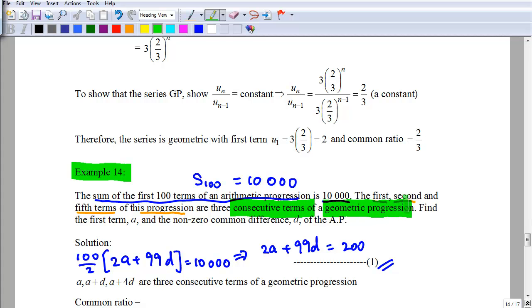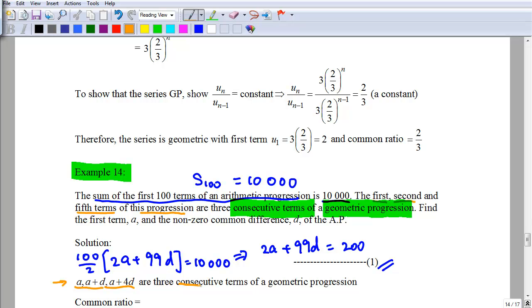Now that is something quite a mouthful, right? So we will ask the question, what is the first, second, and fifth term of an arithmetic progression? Now from our knowledge of AP, we know that that can be represented as a for first term, the second term will be a plus d, and the fifth term will be a plus 4d. So we're given that these 3 terms are 3 consecutive terms of a GP.